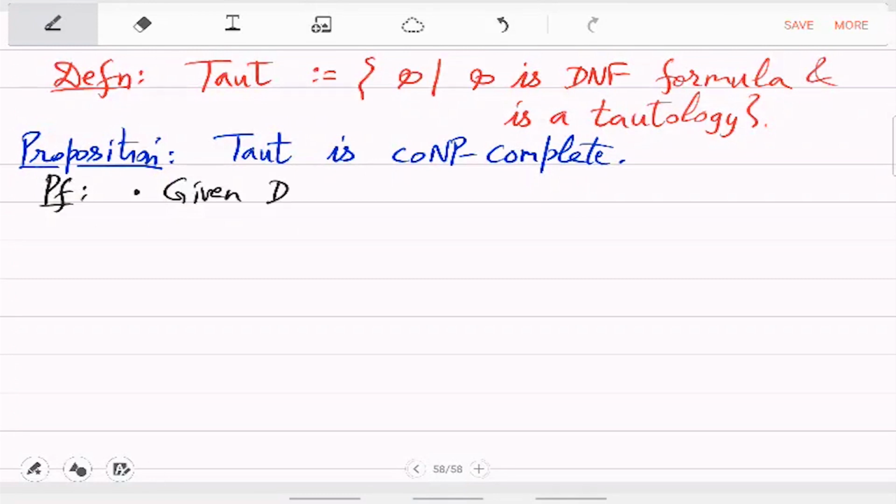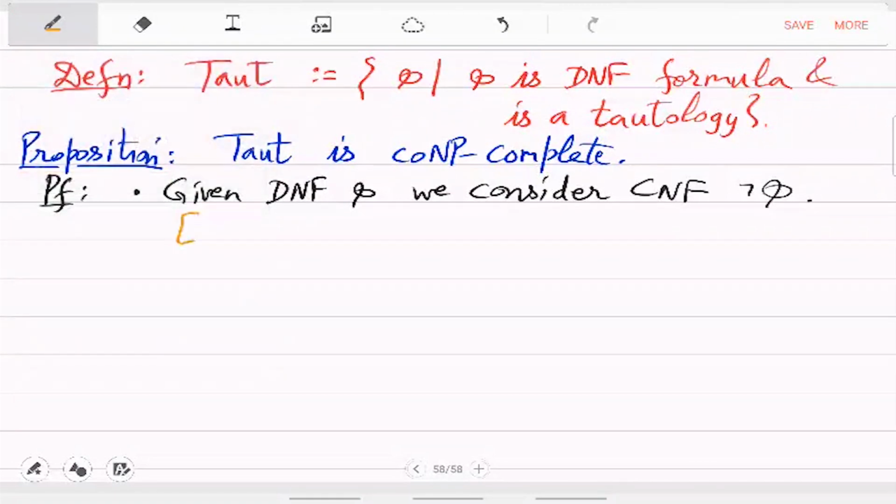So given a DNF phi, we consider the CNF negation phi. Disjunctive normal form is the disjunction of conjunctions, that is what phi was. When you do negation, you can write it as a conjunctive normal form. Let me just give a small example here.